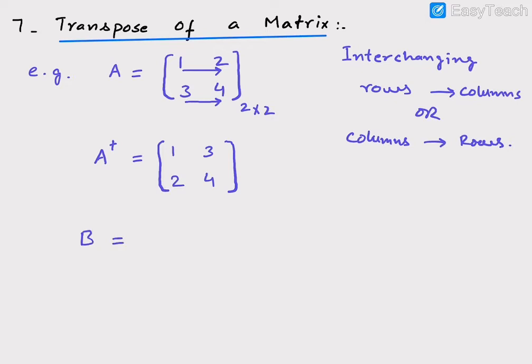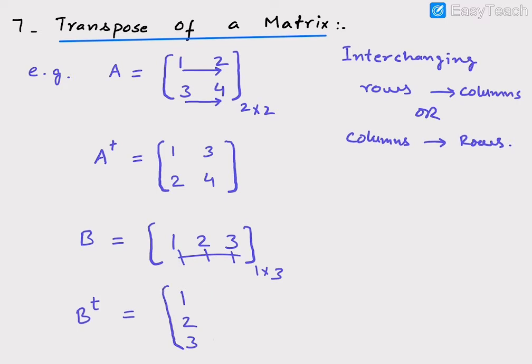B is having 1, 2, 3 elements. Its order is 1 row and 3 columns. So what will be B transpose? B transpose is denoted by B raised to the power T, and this row we will write in the form of column 1, 2, 3. What will be the order of B T, that is transpose of B? Order will be 3 into 1.